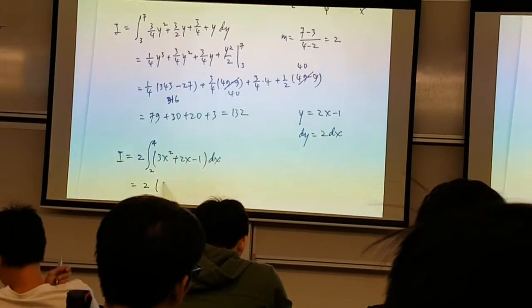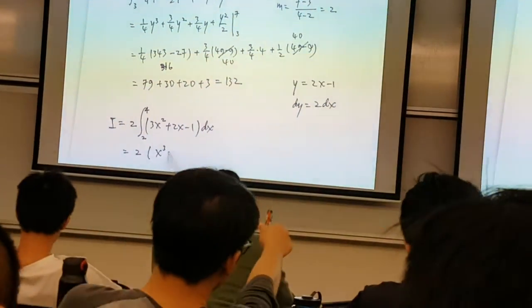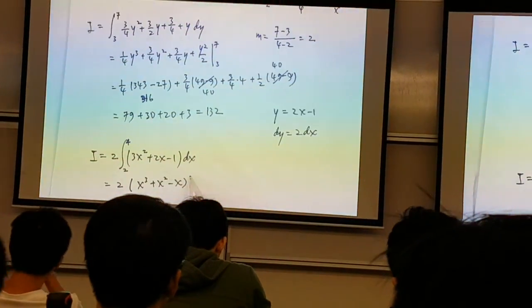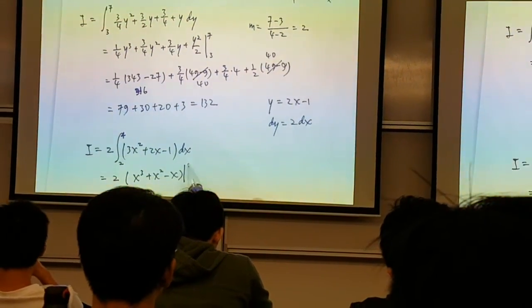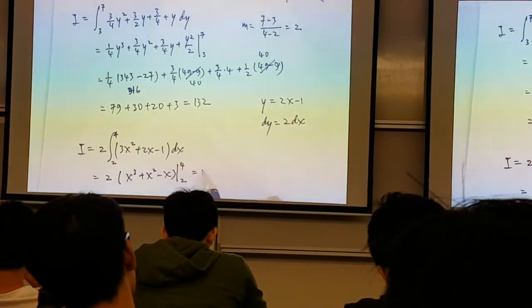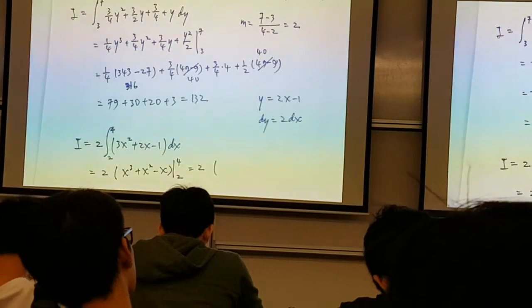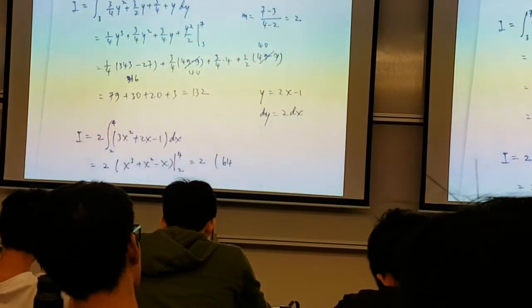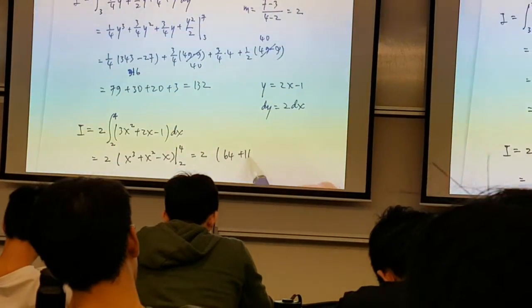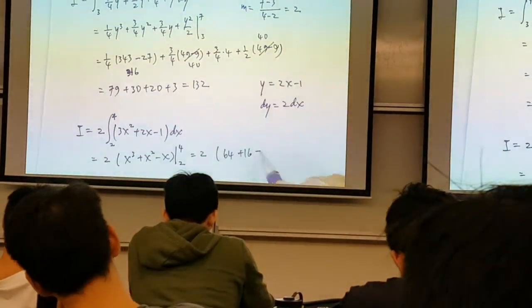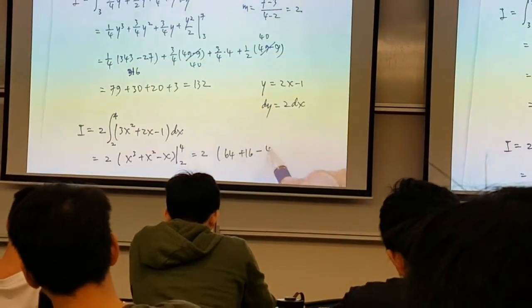So this one becomes x cubed plus x squared minus x, evaluated from 2 to 4. Okay? So we have 2 times 4 to the power of 3, which is 64, plus 16, so 64 plus 16 minus 4.